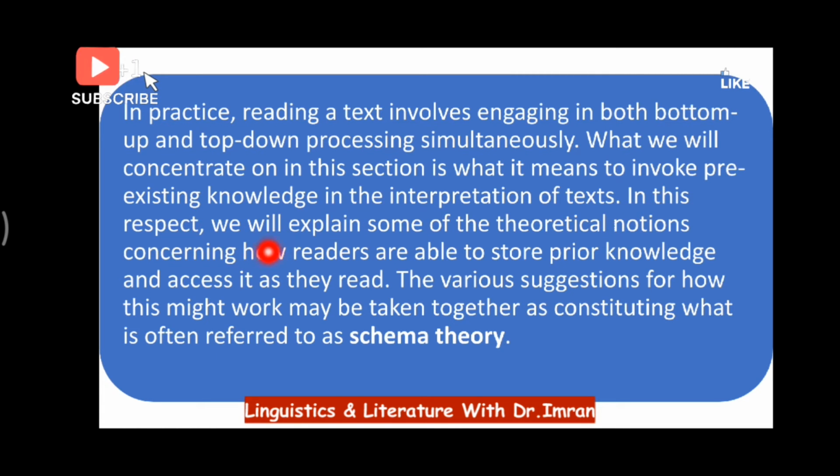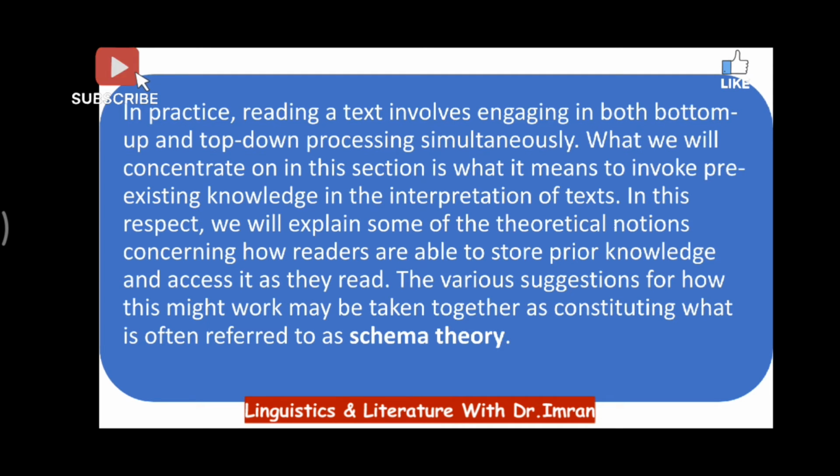In this respect, we will explain some of the theoretical notions concerning how readers are able to store prior knowledge and access it as they read. The suggestions for how this might work may be taken together as constituting what is often referred to as schema theory.